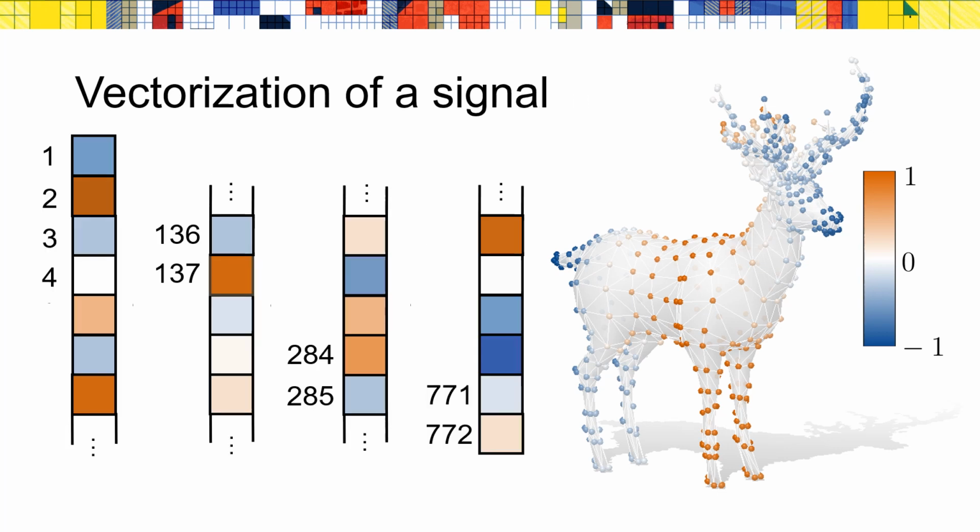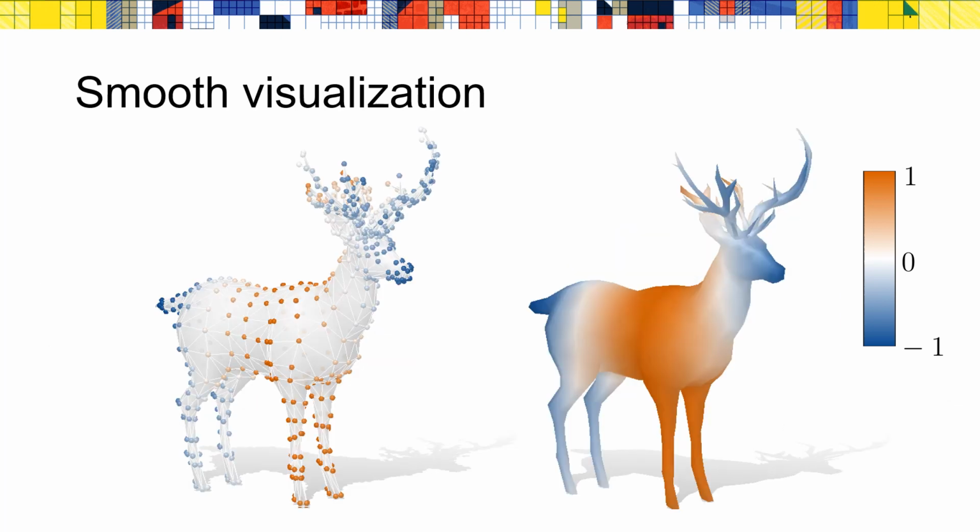So for this mesh that has 772 vertices, the function f is represented by a vector of size 772. So remember that we say that a function is represented as a vector in the discrete setting, but we usually visualize the function in a smooth way.